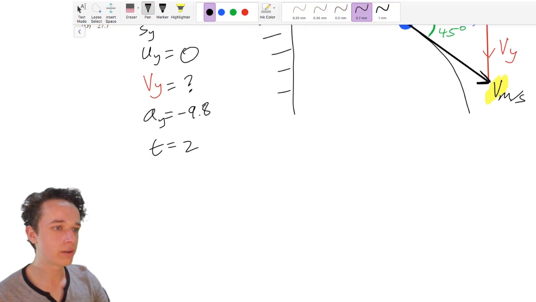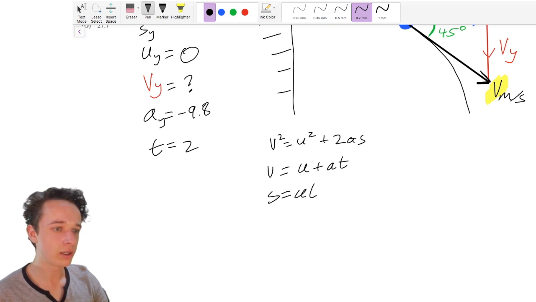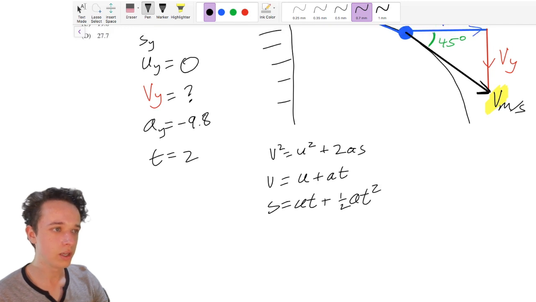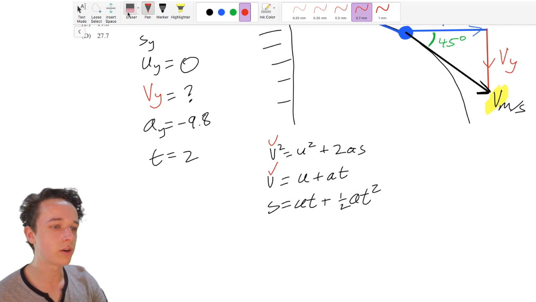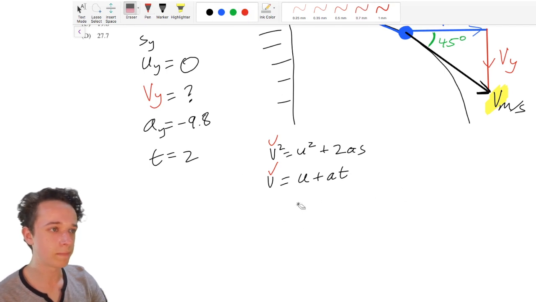So let's look at our kinematic equations. We have v squared equals u squared plus 2as. We have v equals u plus at. And we have s equals ut plus half at squared. We are trying to find an expression for Vy, so we need an equation that incorporates v. The first equation incorporates v, the second equation incorporates v, the third equation does not, so I'm going to remove the third equation.